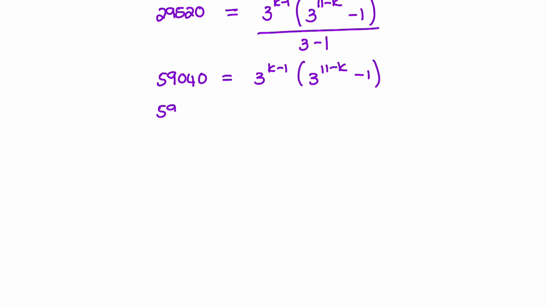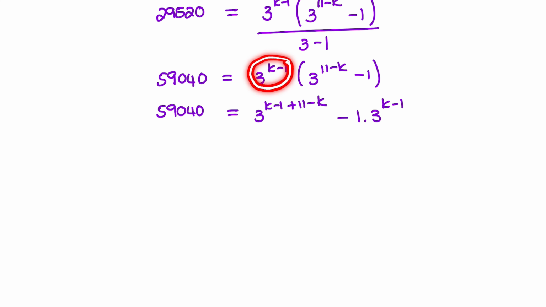We have 59,040 is equal to 3 to the power of k minus 1 plus 11 minus k minus 1, times 3 to the power of k minus 1. What I'm doing is multiplying 3 to the power of k minus 1 with the first term, and because the bases are the same, I add the exponents together.